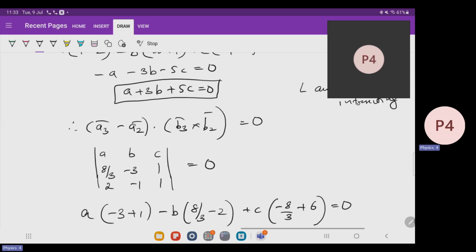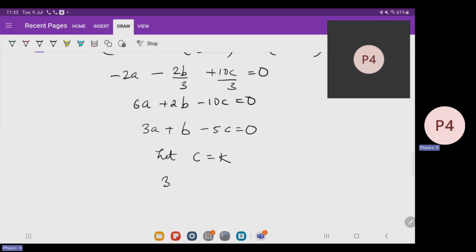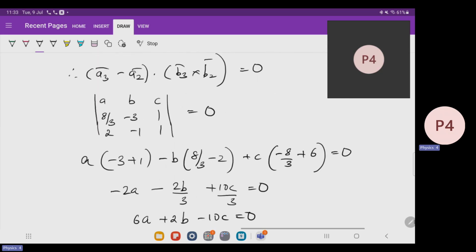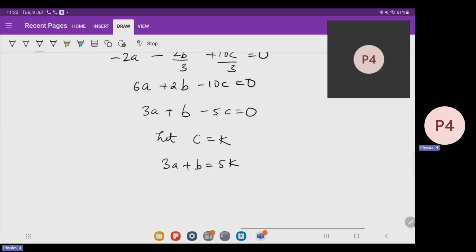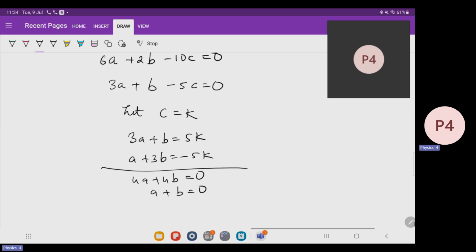If you put C as k, then we will get 3A plus B is equal to 5k. And for the first equation, we will get A plus 3B is minus 5k. Now solving this, we will get 4A plus 4B is 0, which is A plus B is equal to 0. Now you can use this in any one equation.